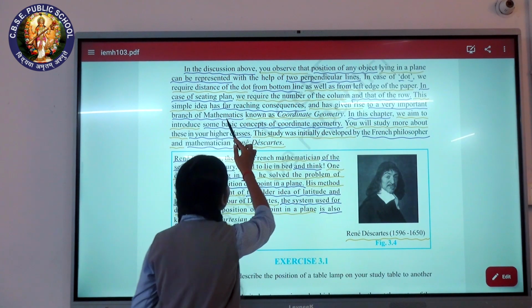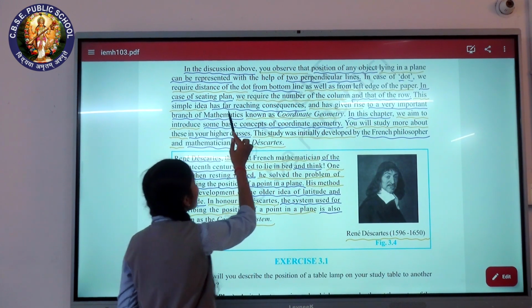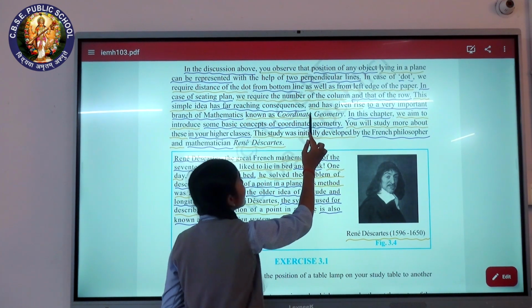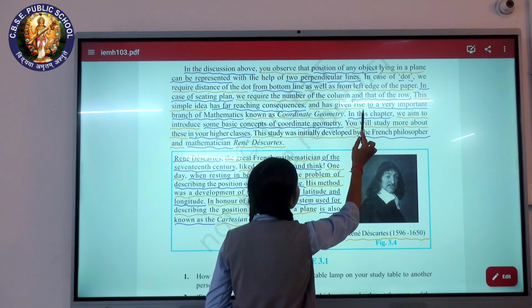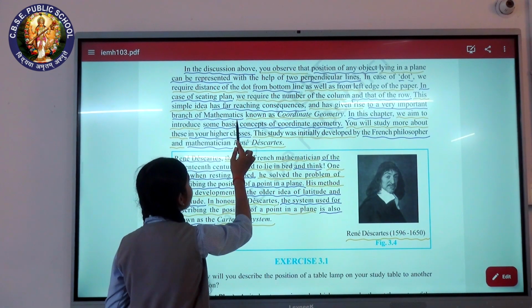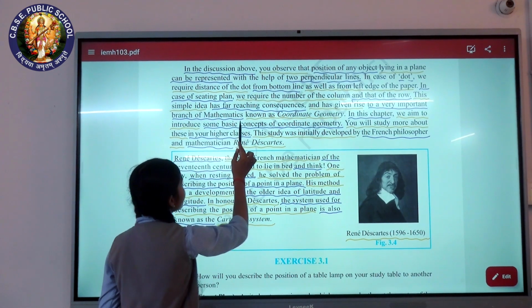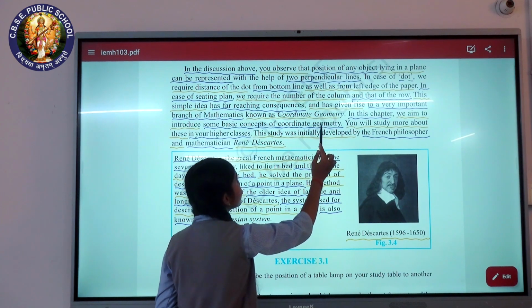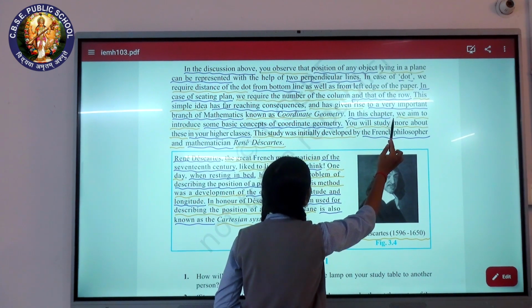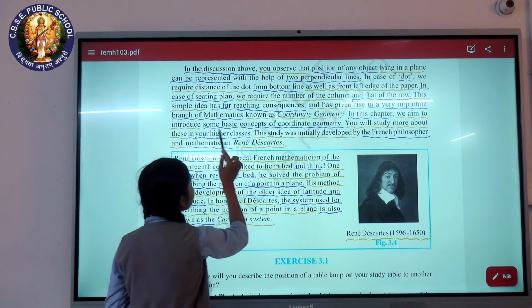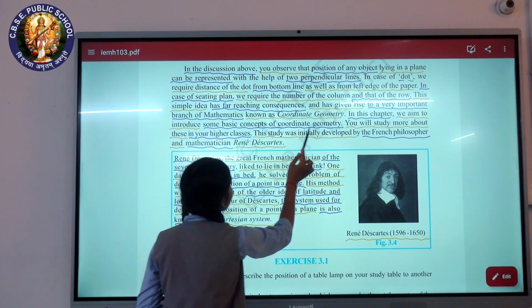This simple idea has far-reaching consequences and has given rise to a very important branch of mathematics known as coordinate geometry. In this chapter, we aim to introduce some basic concepts of coordinate geometry.